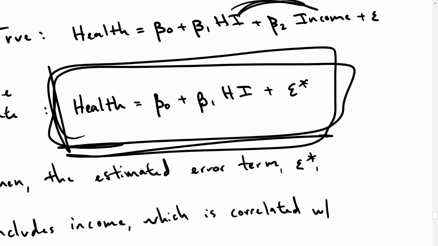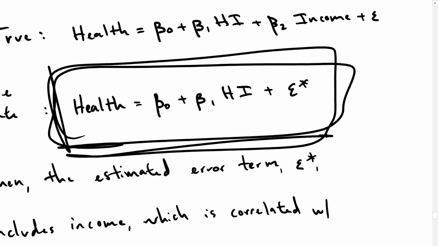If there's a negative relationship between these two variables, beta 1 hat will be underestimating the effect. Okay, in this case, beta 1 would have us believe there's a larger relationship between health insurance and health than there actually is, because we left out income. And income is also going to increase our health. Higher income is going to be correlated with higher health.